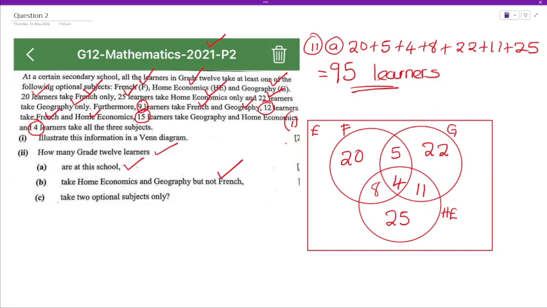Home economics is here, geography is here. These are the guys that take home economics and geography. But the ones we are looking for shouldn't take French. The 4 here also take French. So only these guys here take home economics and geography only. So the answer for B is simply 11 learners.